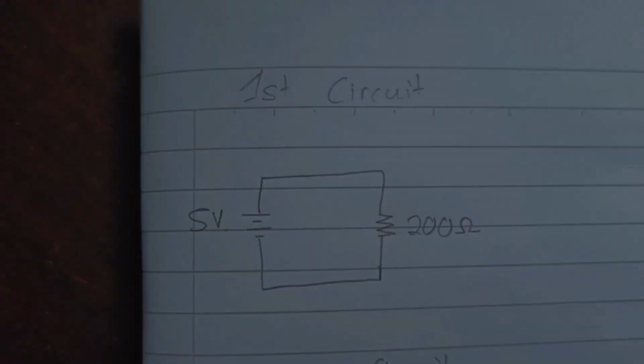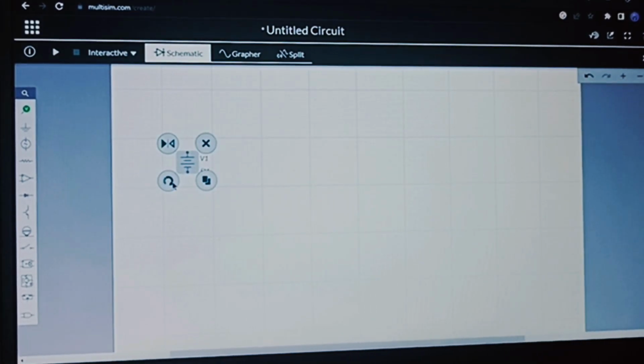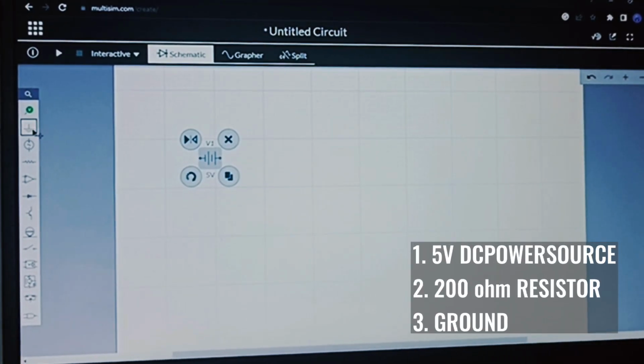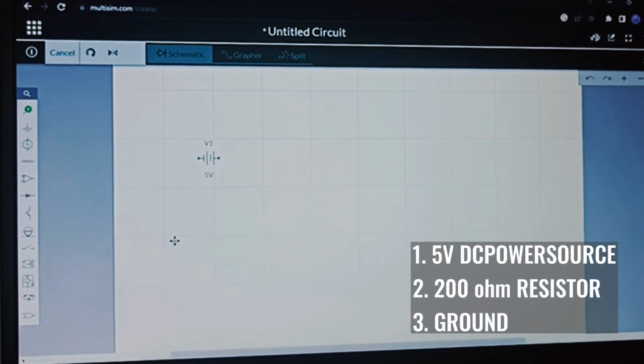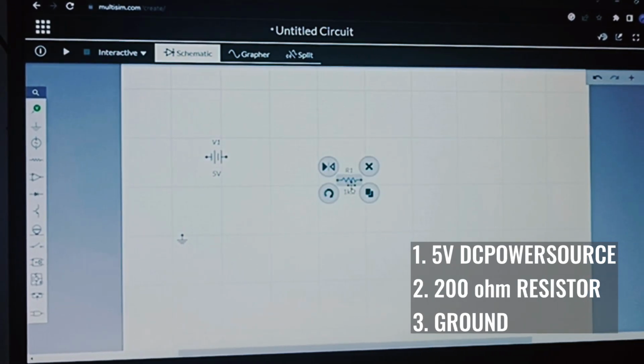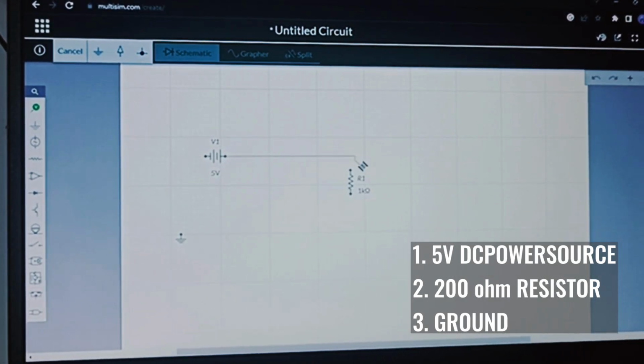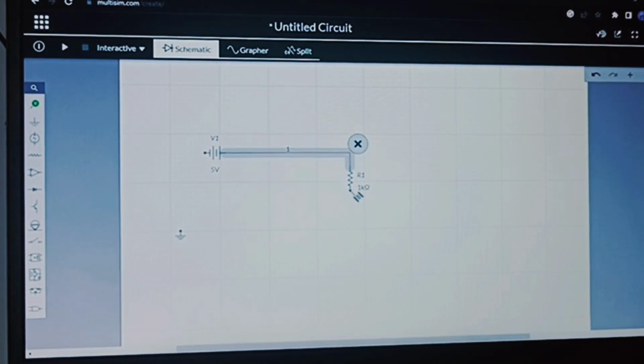Okay, for the first circuit, which is resistor circuit, we just use 3 elements, which is 5V DC power supply, resistor 200 ohms, and ground. We connect them in series.